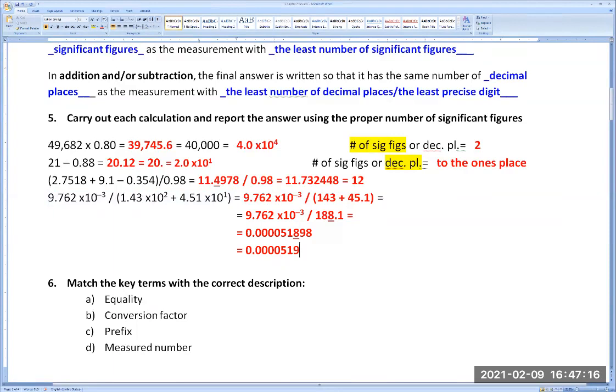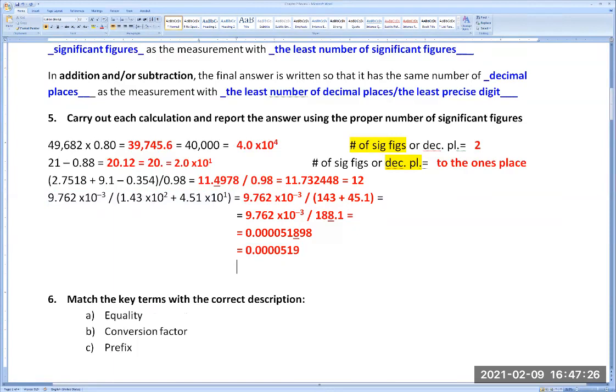So this is a number with a lot of zeros to the left, right? And it's easy to, you know, miss. So you want to write this in scientific notation.